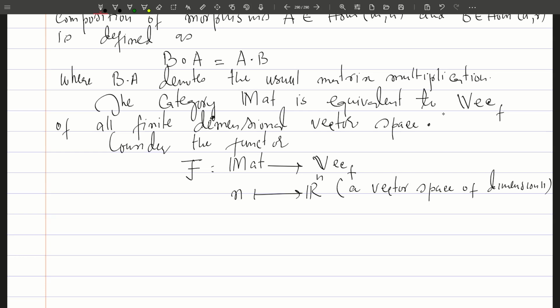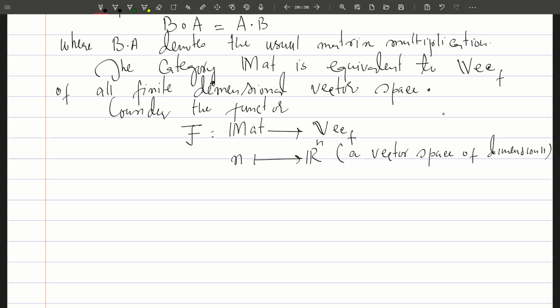So this takes this object n to R. Now what it does with the morphisms. To each morphism, one should note here the morphisms are the matrices.